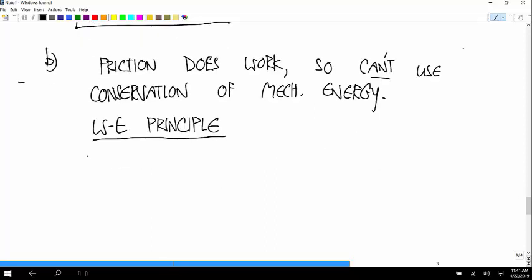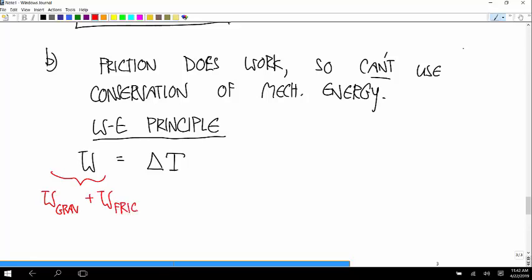And the work energy principle says add up all the work done. That's equal to the change in the kinetic energy. And we can separate the total work done into the work done by gravity plus the work done by friction.